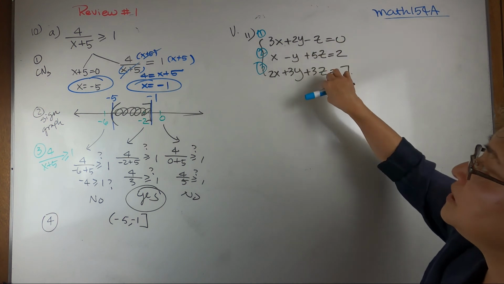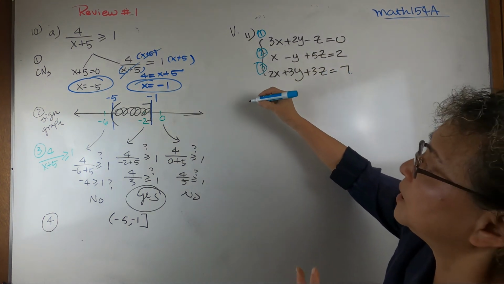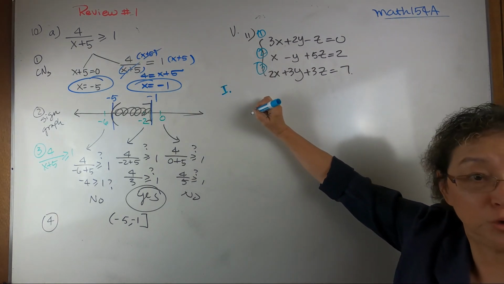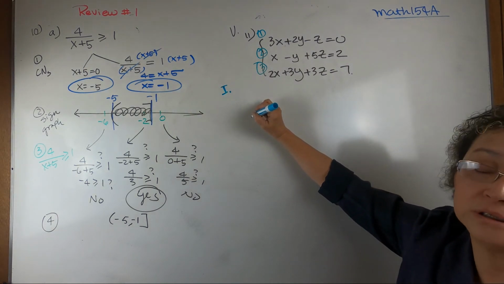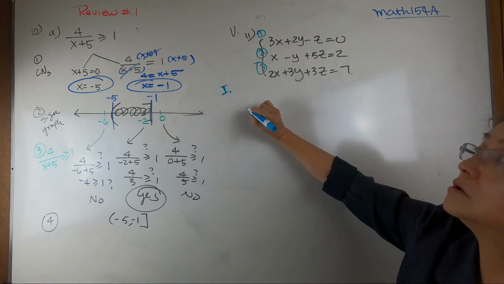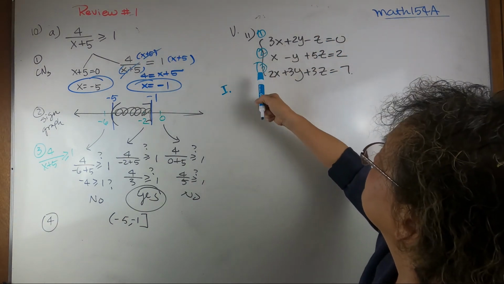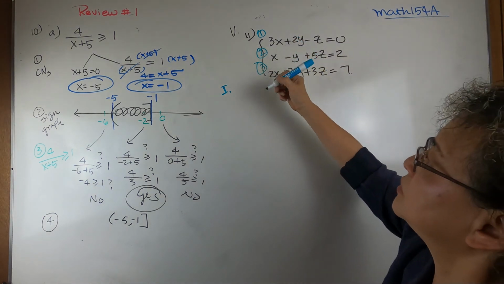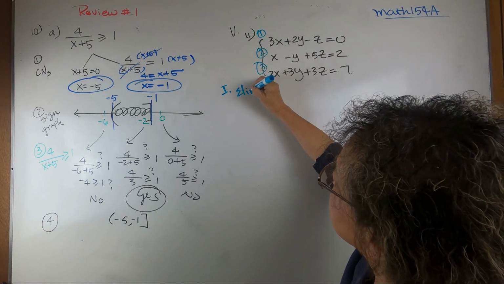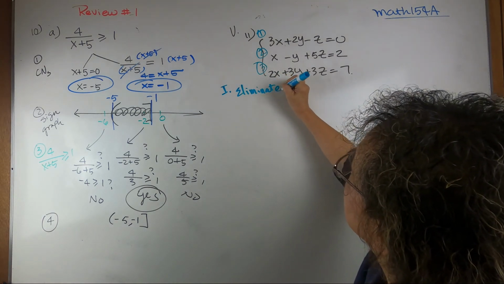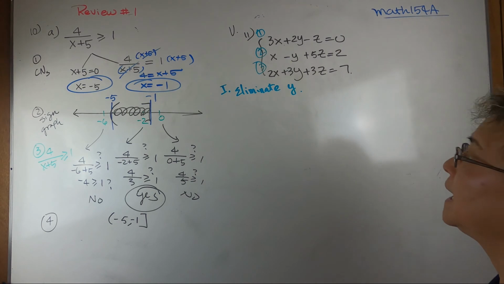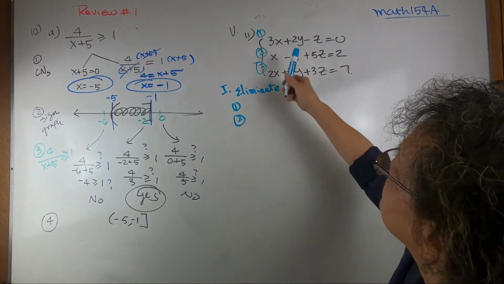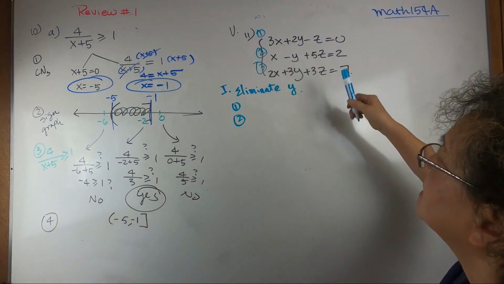So for 3 variables, 3 equations, we want to drop to 2 variables, 2 equations first. Make it simpler. Which one do you want to get rid of? Looks like y. One has to be positive, one has to be negative. So you say eliminate y. You can use 1 and 2 to do it, to eliminate y.